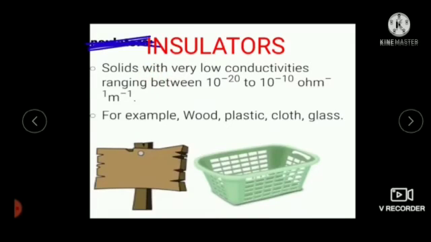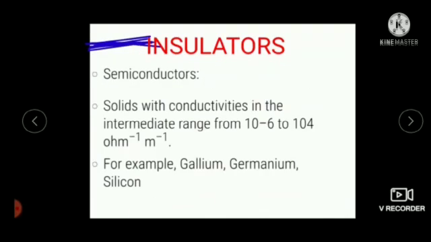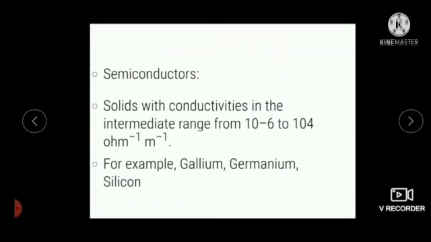Insulators are solids with very low conductivities, in the range of 10 raised to minus 20 to 10 raised to minus 10 ohm inverse meter inverse. Examples are wood, plastic, cloth and glass. Next are semiconductors: solids with conductivities in the intermediate range between 10 raised to minus 6 and 10 raised to 4 ohm inverse meter inverse. Their conductivity lies between those of metallic conductors and insulators.